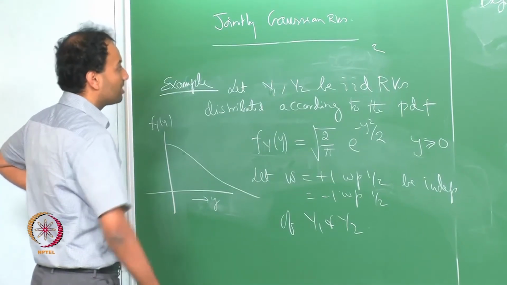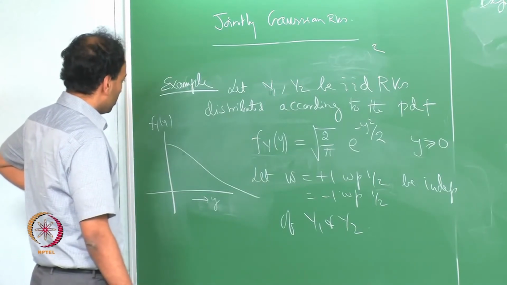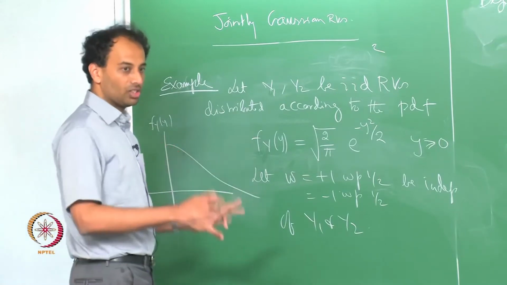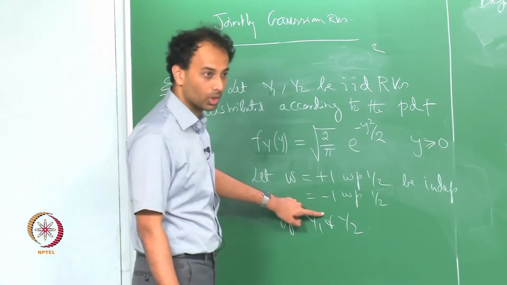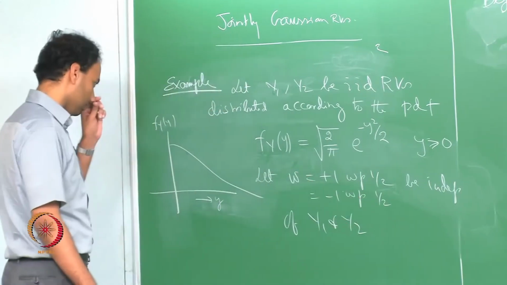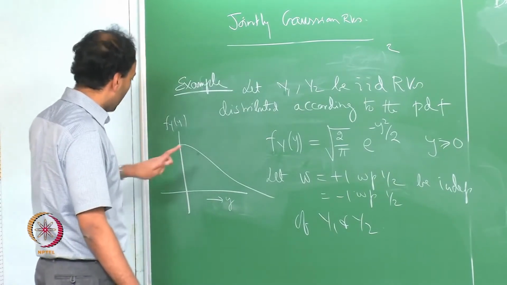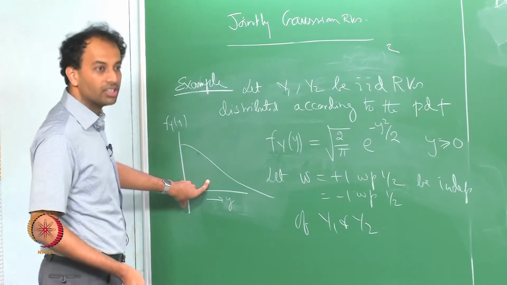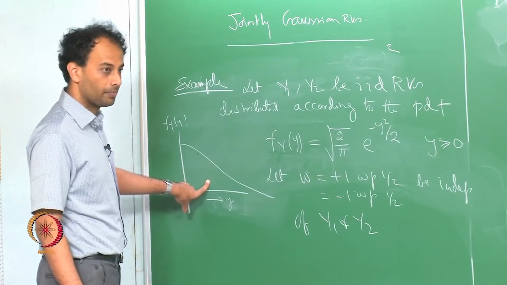So, what will be the marginal density of x1? For x1, I am generating y1 according to this distribution and then tossing a coin which will either come up heads or tails, plus 1 or minus 1 with probability half, right. So, my x1 will be equal to the value of y1 with probability half or minus y1 with probability half, correct.